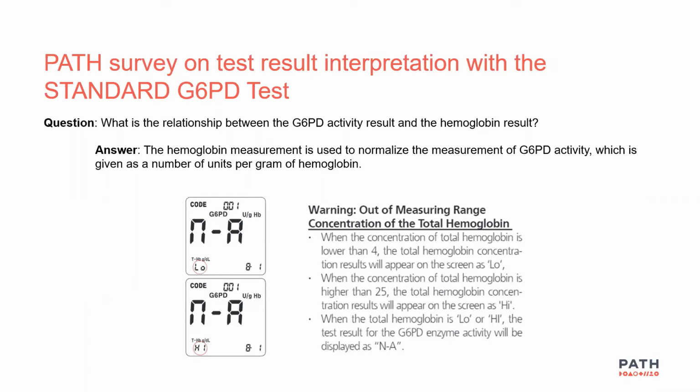When the total concentration of hemoglobin is lower than 4, you'll see a little low for the hemoglobin result, and then the G6PD activity will read as NA. Similarly, if the total hemoglobin concentration is higher than 25, you'll see a high instead of a hemoglobin result, and the G6PD activity will read as NA.